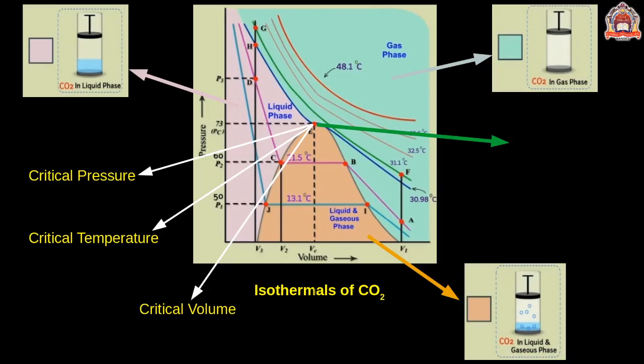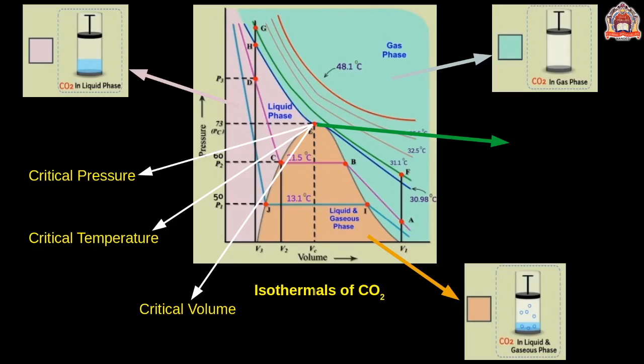The isothermal at critical temperature, that is 31.1 degrees centigrade for carbon dioxide, indicates that on increasing the pressure, the volume of the mass decreases very fast, much faster than that predicted by Boyle's law.